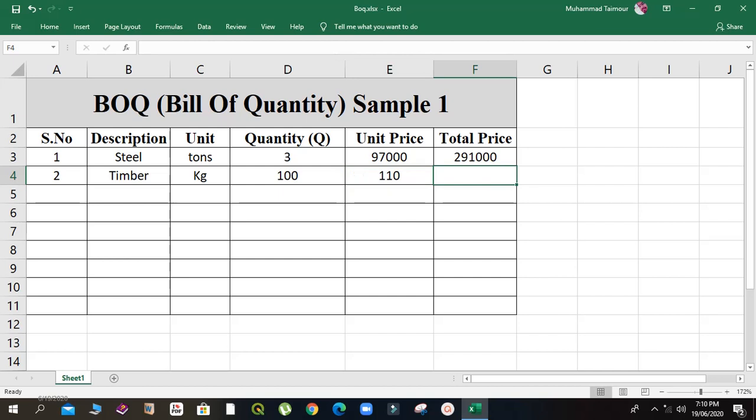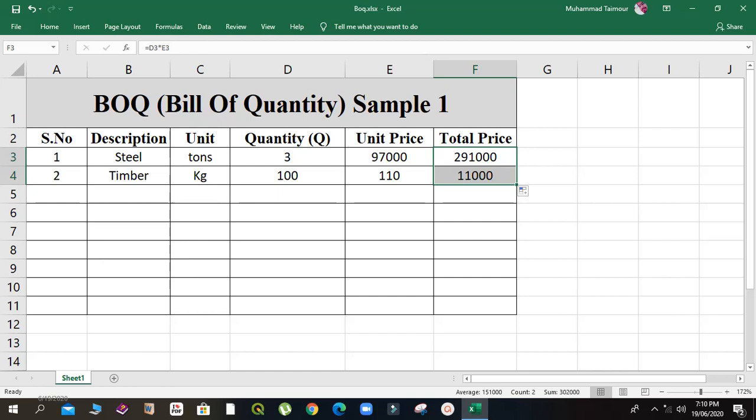Here I put the formula of multiplication and scroll it down, so it will give the value of this row, 100 multiplied by 110.